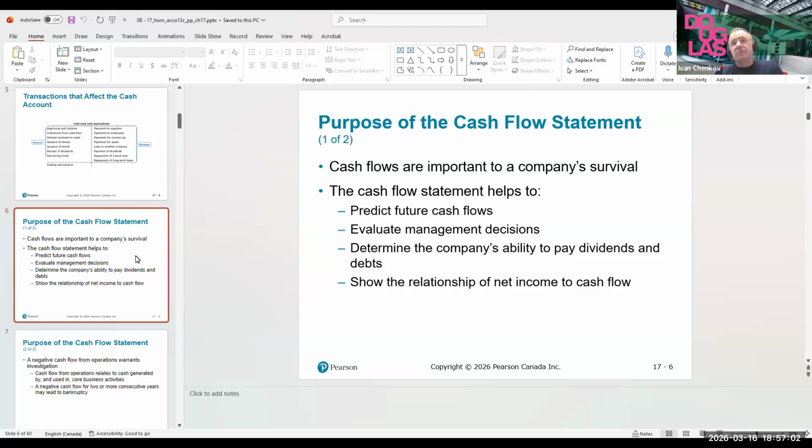Also, with the cash flow statement, we can evaluate management decisions. Is this the right decision the manager took by investing in this project or buying this merchandise, by simply comparing how much they paid versus how much they get? Also, we can determine the company's ability to pay dividends and debt. Again, the only thing the investors want is not the wealth of your company.